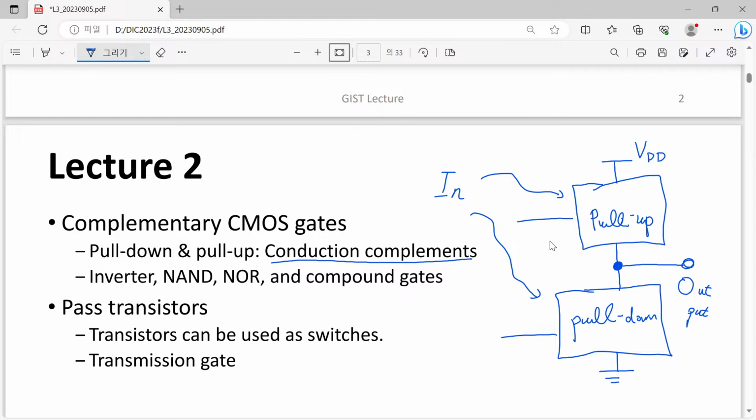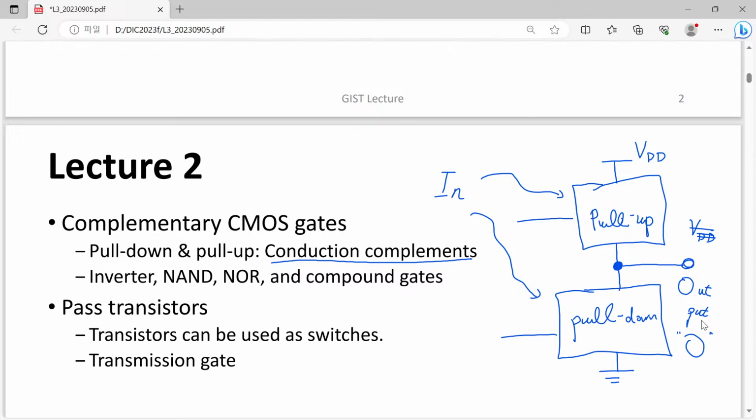For example, when pull up is activated, then our output is just VDD. And if we have pull down activated, then automatically the pull up is disabled, and we have ground as our output signal.